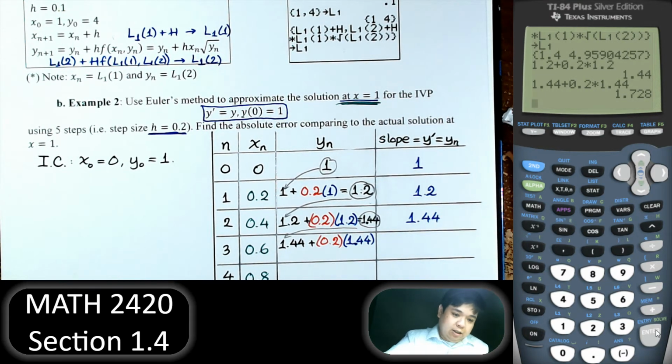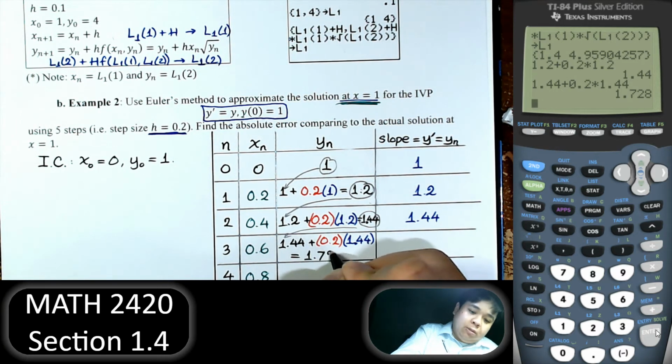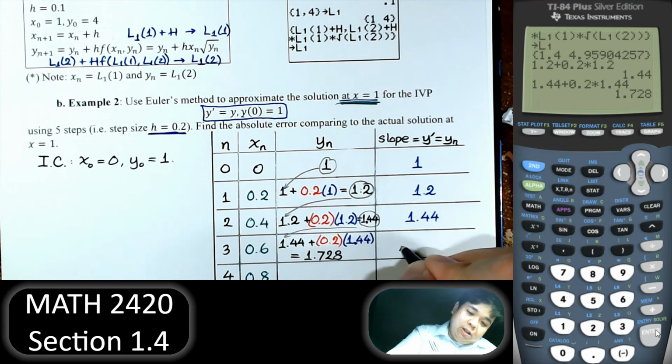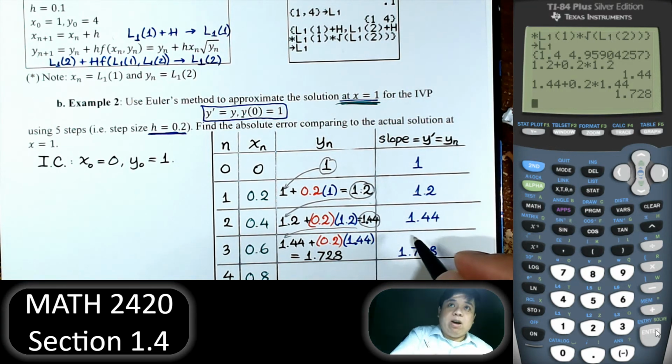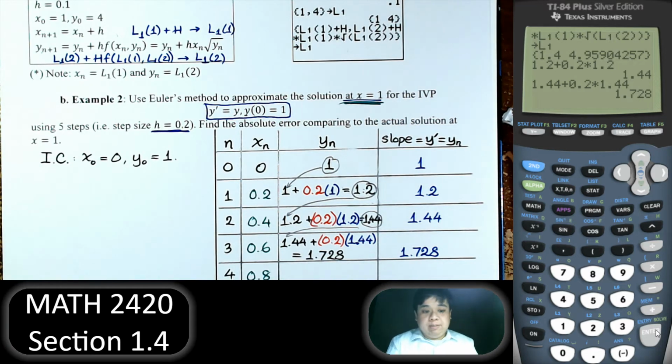That gives 1.728. The slope is equal to the same y value. This problem is simple enough. When it's complicated, the slope might not be easy to calculate, but here the slope is just the y value, so that makes it easy.